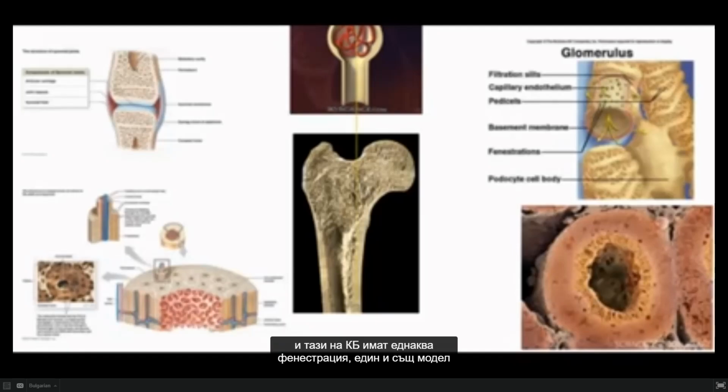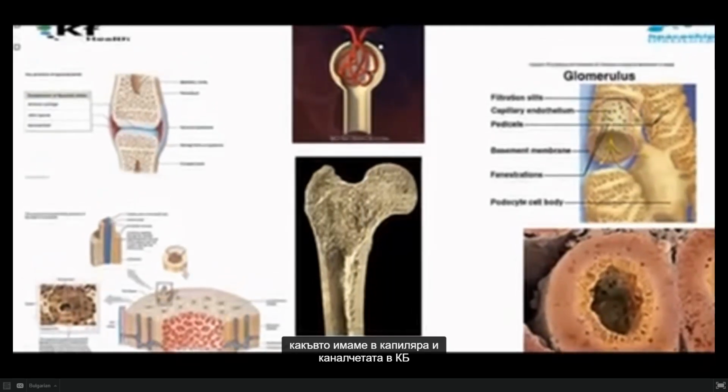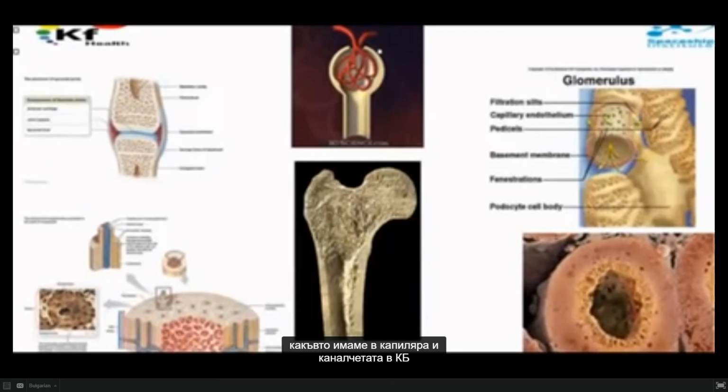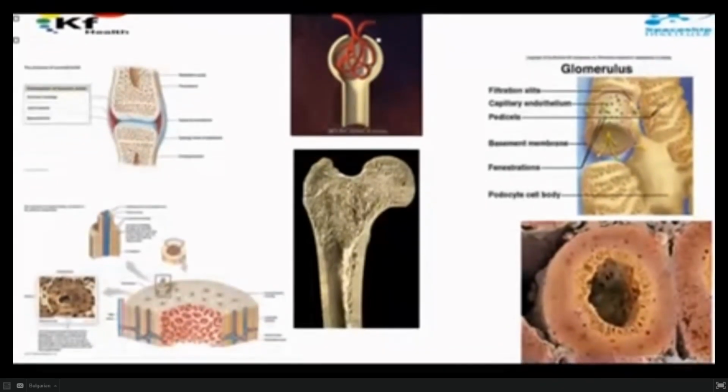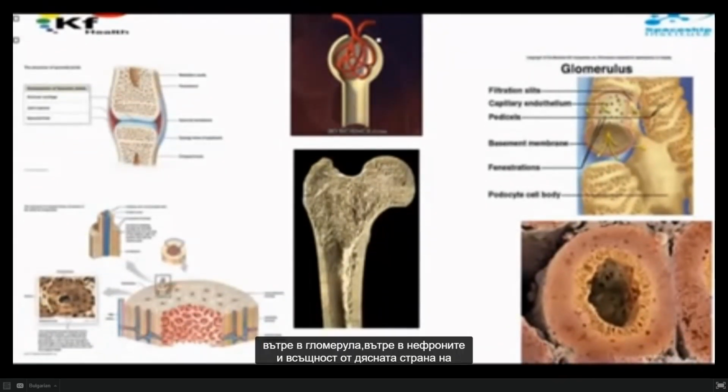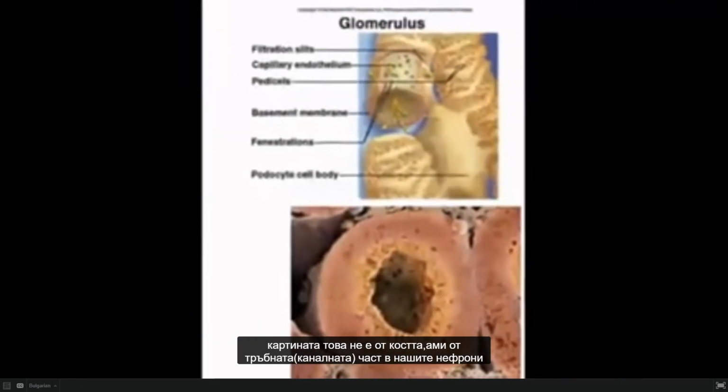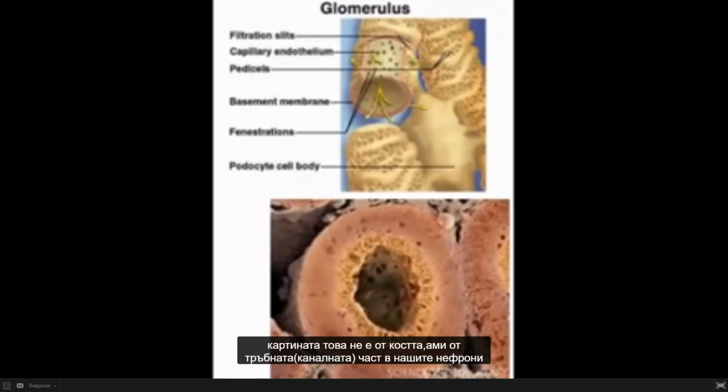This is the same fenestration pattern you have in the capillaries and the tubules in the Bowman capsule, inside of the glomerulus, inside of the nephron. And actually, on the right side, the picture is not from the bone. The picture is from the tubular part in our nephrons. And as you see, this is so similar to the cross-section of our bone.